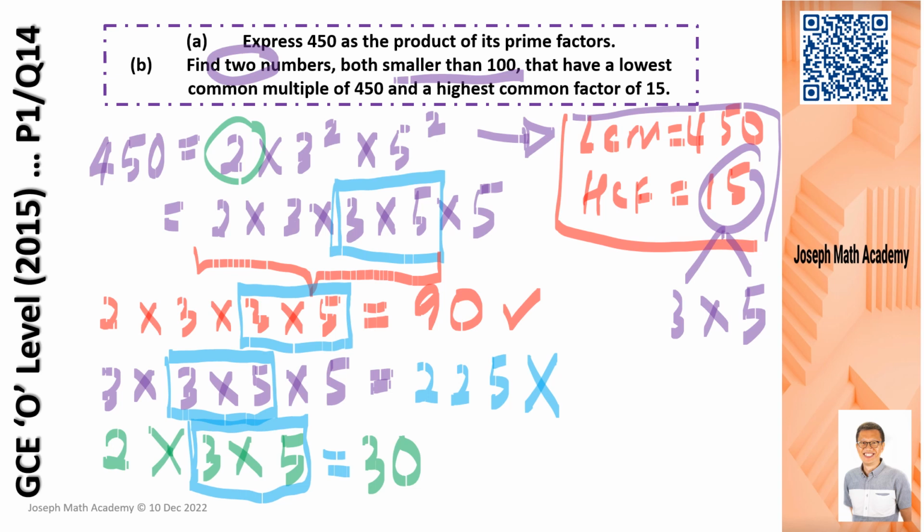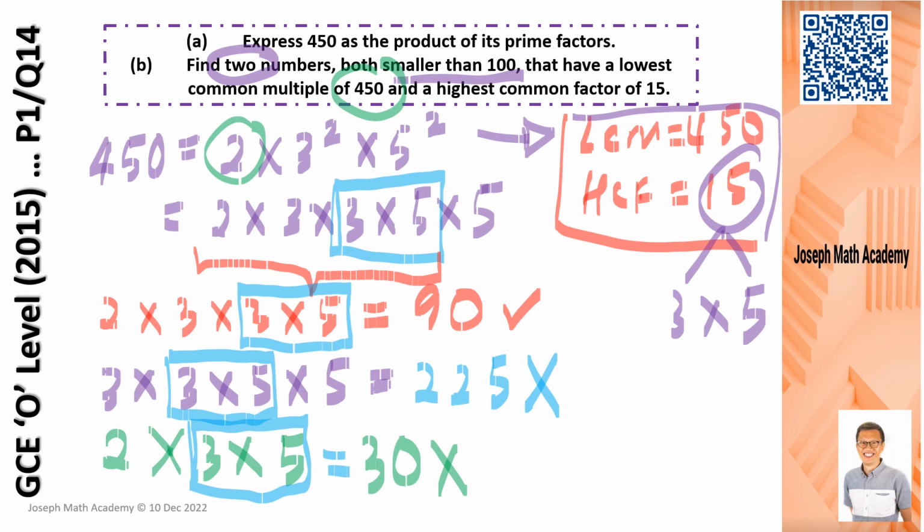But if you look at 30 and 90, the one that is in red and green, the LCM is 90. So cannot, because we want the LCM to be 450. 30 and 90 give us LCM 90. Okay, so we can't choose 30.